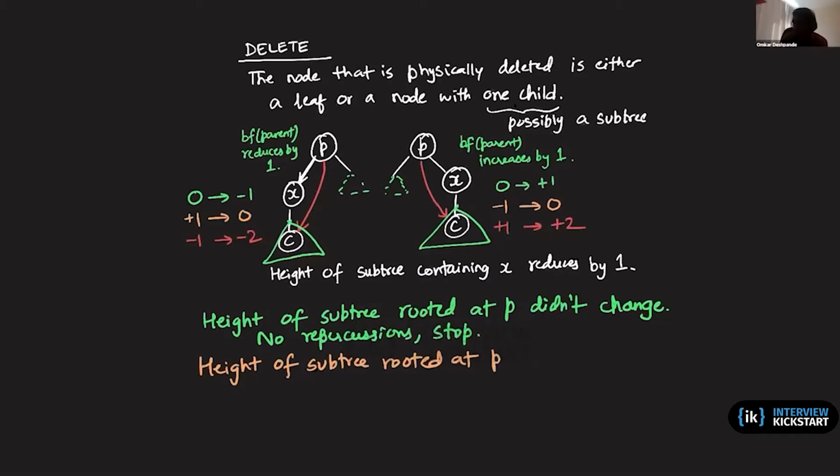One side was the side that was slightly taller, has been trimmed, and so the overall height of the subtree rooted at P decreases by 1, and this can have an impact on some ancestor because it could change the balance factor of some of the ancestors. So we keep going up, looking for repercussions on the ancestors.